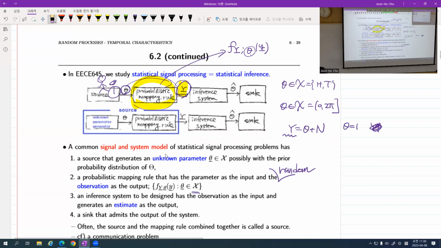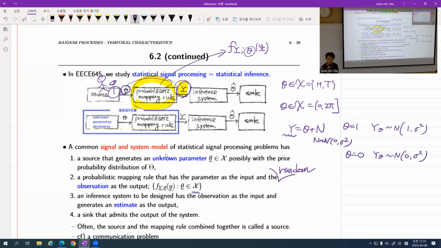If theta is 1, then y parameterized by theta is Gaussian with mean 1 and variance sigma square. And if theta is 0, then y given theta is Gaussian with mean 0 and variance sigma square.